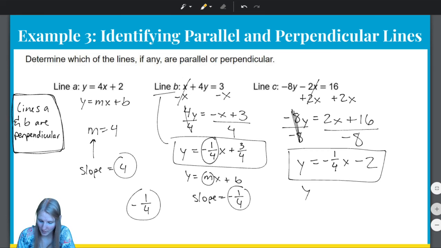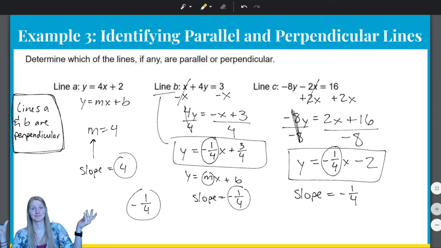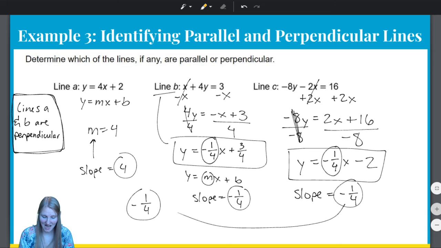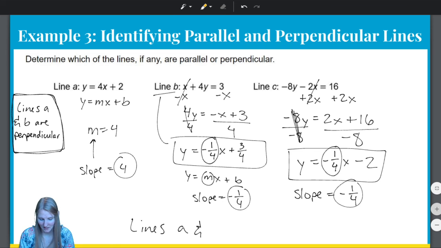And remember, if we look at y equals mx plus b, the m of this equation is negative 1/4. So the slope is negative 1/4. Ta-da! And that is the negative reciprocal of 4. So we can say lines A and C are also perpendicular.